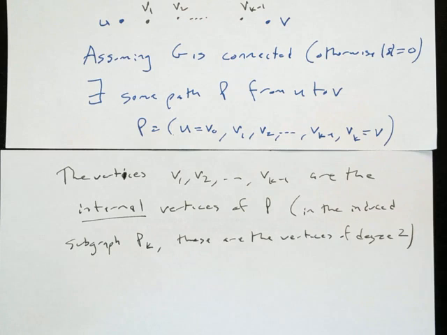So I just think about the part that is the path. It's got the two end vertices, U and V. Everything in the middle, that's an internal vertex.